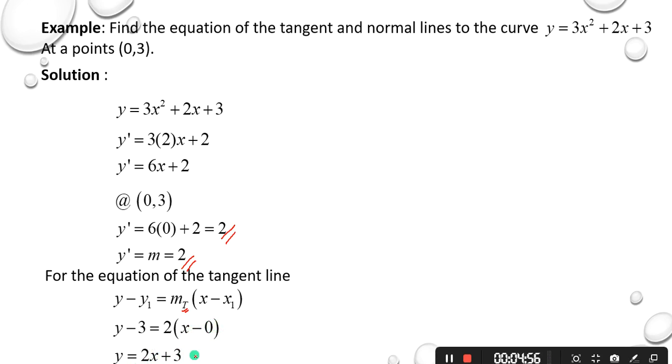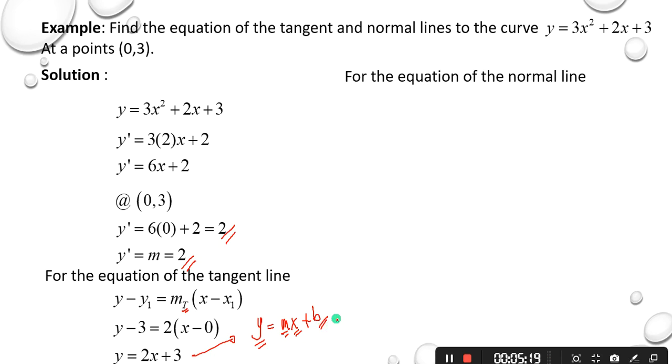This is the equation of the line in the form y equals mx plus b, where b is the constant, m is the slope, and x and y are the variables.